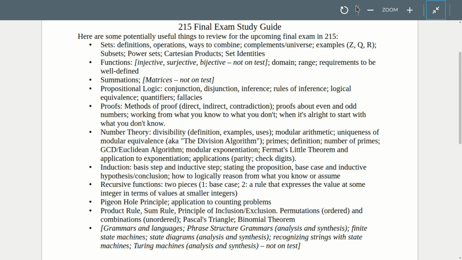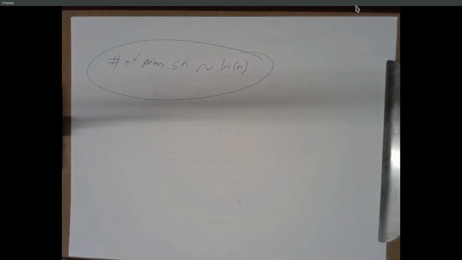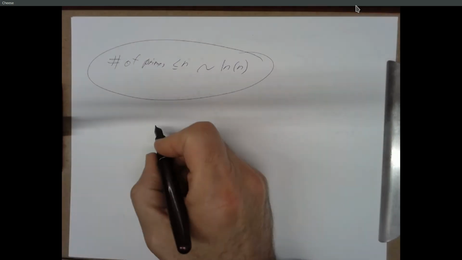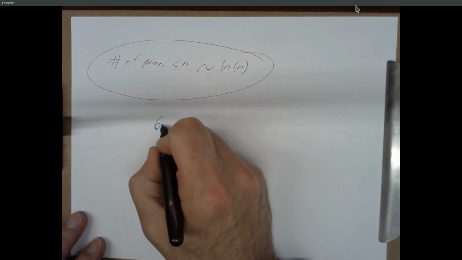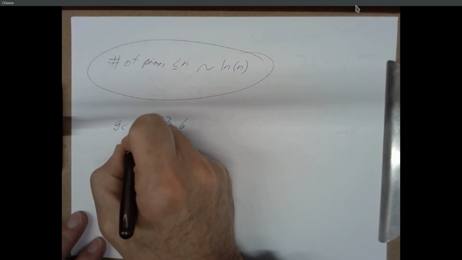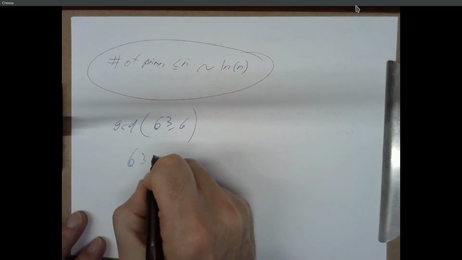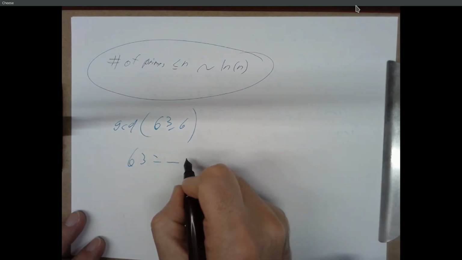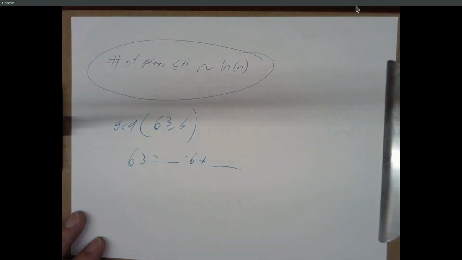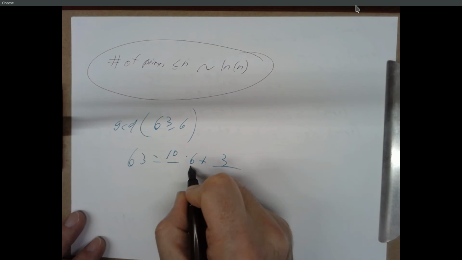Greatest common divisor, Euclidean algorithm. This you've done a bunch of times: 63 and 6. So you write 63 equals something times 6 plus something. So 10 times 6 plus 3.